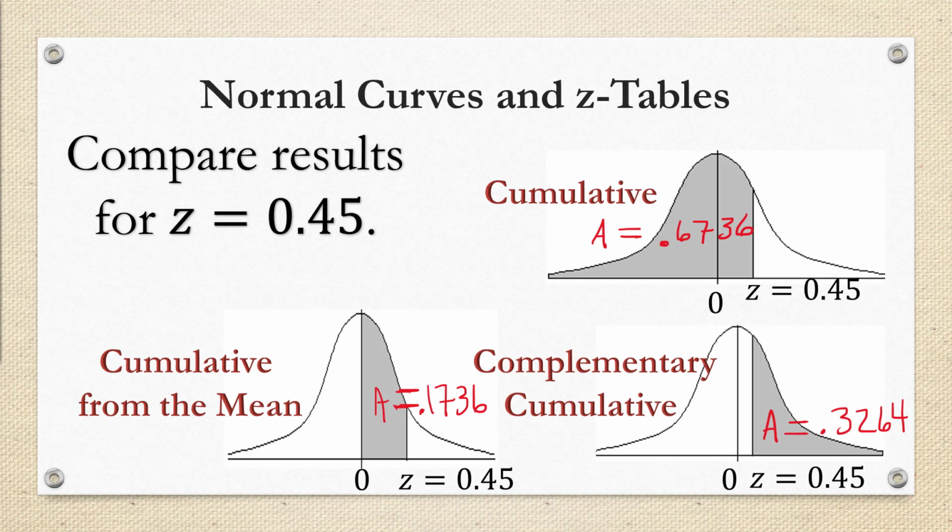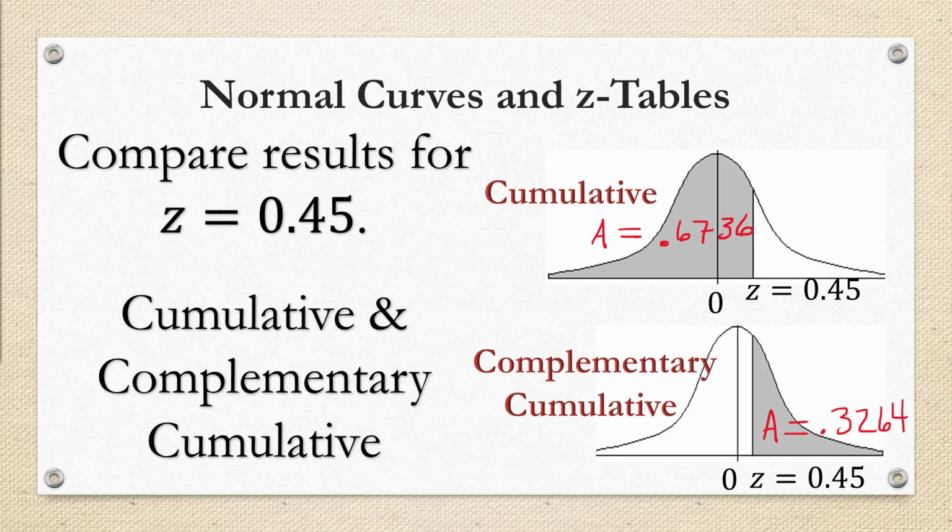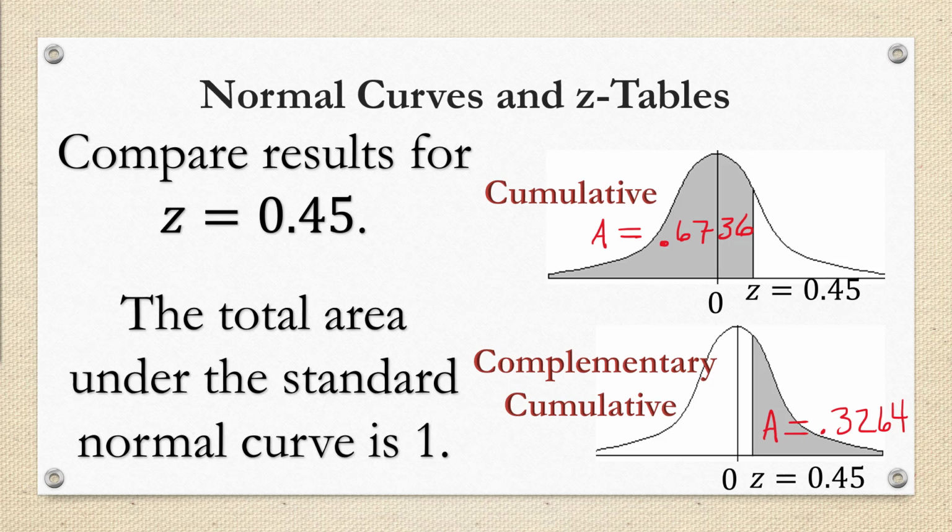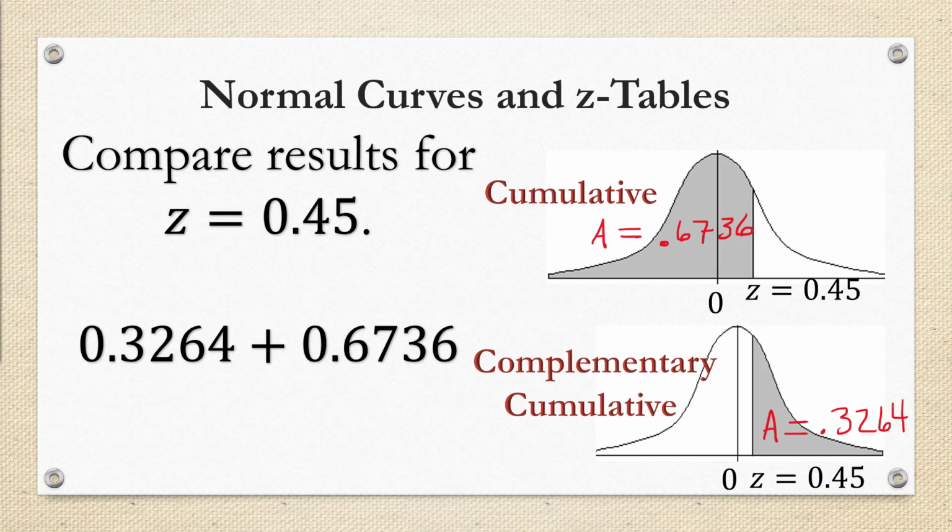Each one gave us a different value because it was describing a different region, but there is a relationship between them. Let's compare cumulative and complementary cumulative. One thing you should know is that the total area under the standard normal curve is 1. And notice that if we add the two areas, the area to the right of z and the area to the left of z, we get 0.3264 plus 0.6736 equals 1.